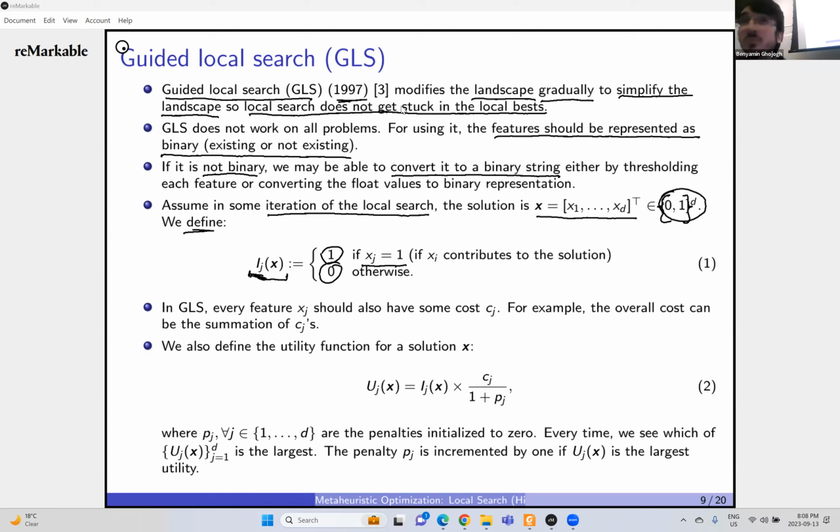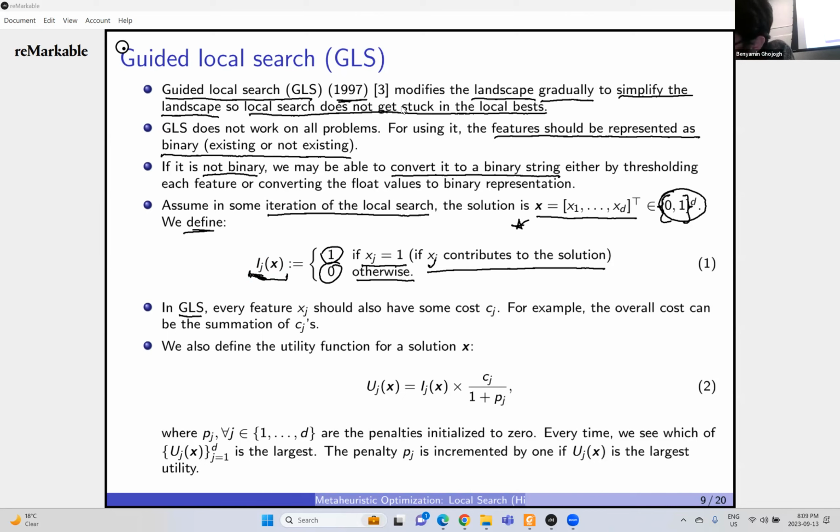Because it's binary, xj is either 1 or 0. If xj is 1, it means that xj contributes to the solution. Then I let Ij of x be 1, otherwise 0. So you can see Ij of x as an indicator function of whether xj is 1 or not.